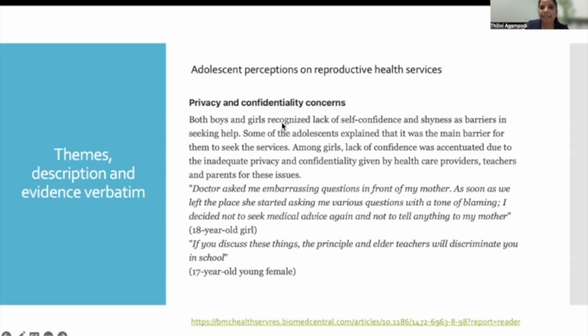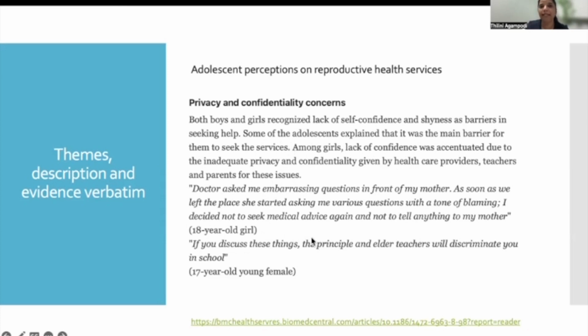Then the researcher describes what you see from all the findings, right? So we say that they lack confidence, they are shy, because their privacy is breached, right? And you describe it in a small paragraph and you add evidence to support what you stated, right? That is one way of presenting.